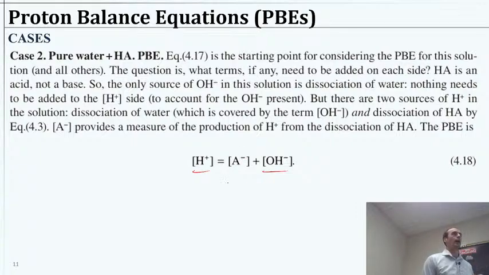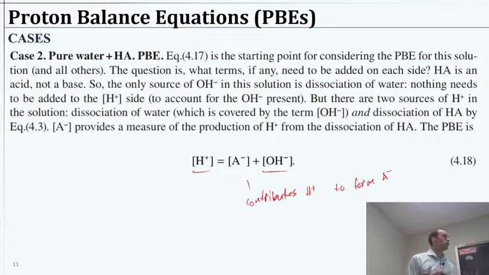So that's why we're going to add the A minus on the right side of this equation. So does it contribute an H plus when it is formed? That's kind of the question. Okay, there's no other sources for OH minus, so there's nothing else on the left side of the equation. And that is basically that.